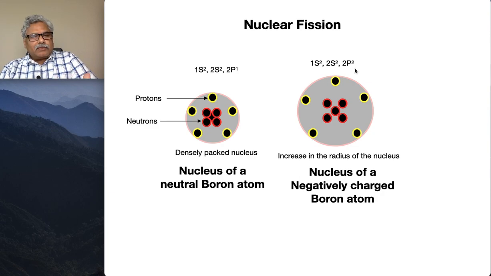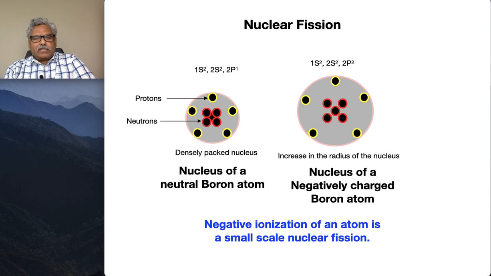So what happens in this case? Negative ionization of an atom is a small-scale nuclear fission. When you add an electron to an atom, how do you physically represent that scenario? It's releasing energy, right?